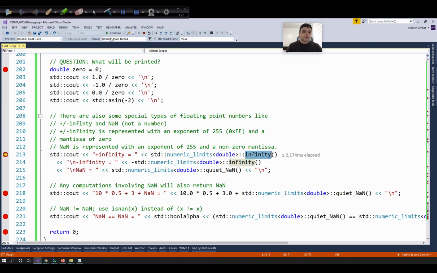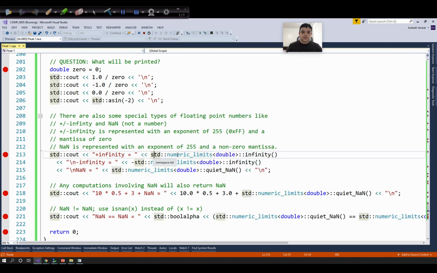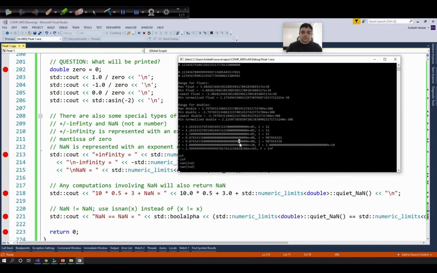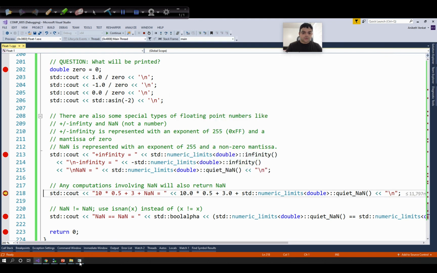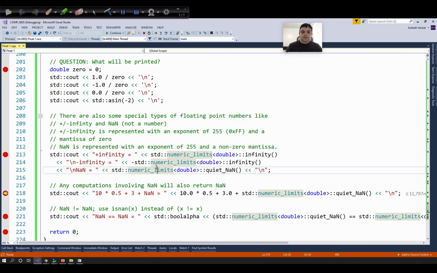So let's print what is infinity. So here again std::numeric_limits, double is the data type, ::infinity prints the value of infinity. Okay, now notice plus infinity is inf, minus infinity is minus inf, and not a number is nan. So again, you don't have to assume what these are.